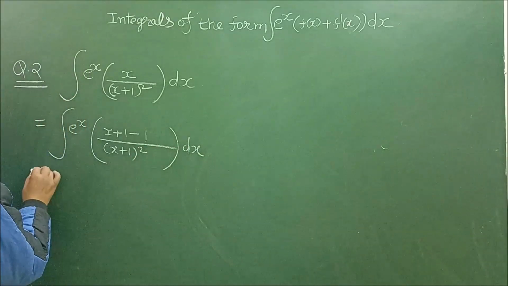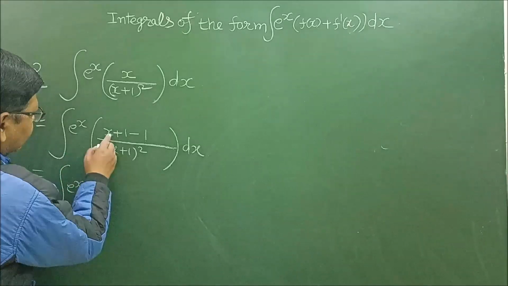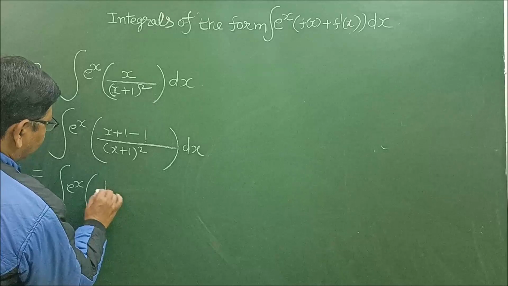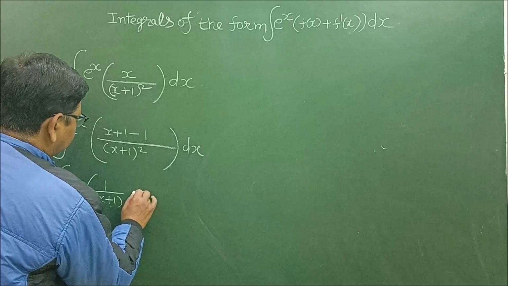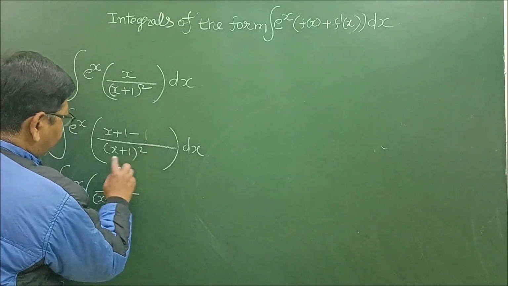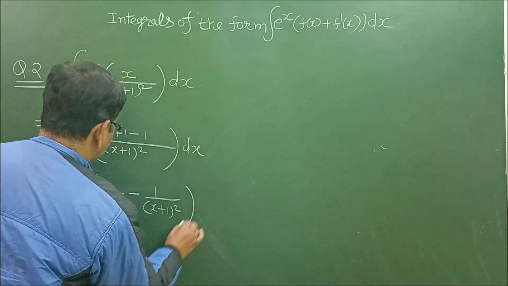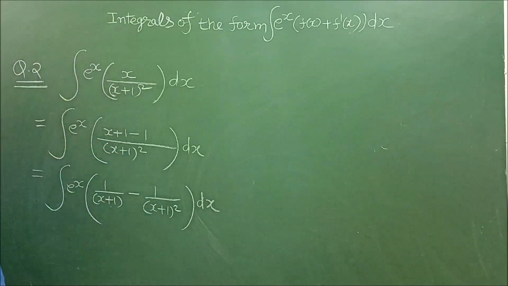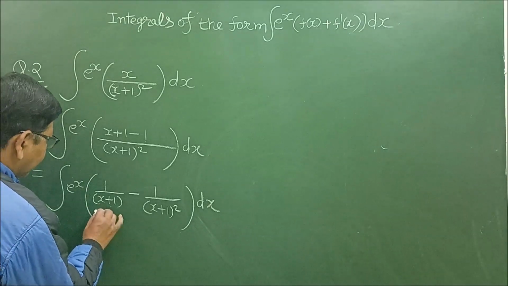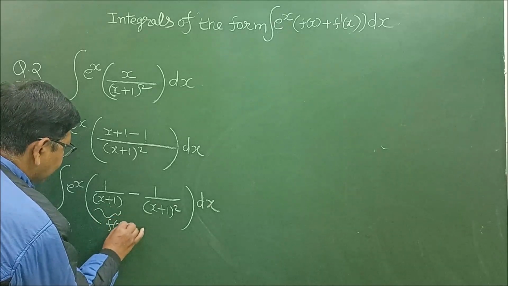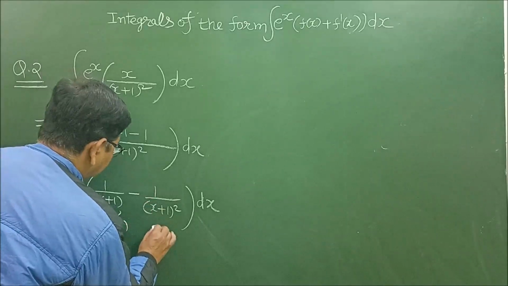Now on separating we get e raised to the power x, and (x plus 1) divided by (x plus 1) whole square is 1 upon x plus 1, minus 1 upon (x plus 1) whole square dx. और अब हम अगर इसे कंपेयर करें अपने स्टैंडर्ड फॉर्म से, सो आई कैन दिस कैन बी टेकन एज f x, और इस फंक्शन का डेरिवेटिव 1 ओवर x प्लस 1 डेरिवेटिव इज हियर माइनस 1 अपॉन x प्लस 1.